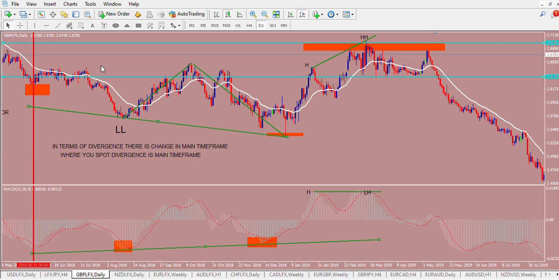Good. Sorry, where you spot your divergence, let's just continue. I don't want to tamper with your brain. Let me just use this way: where you spot the divergence is your primary time frame.